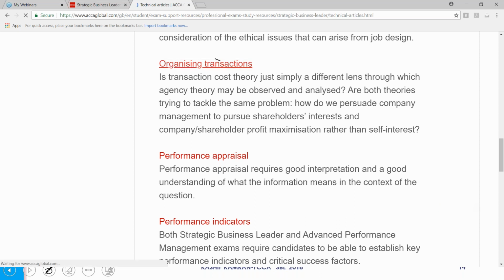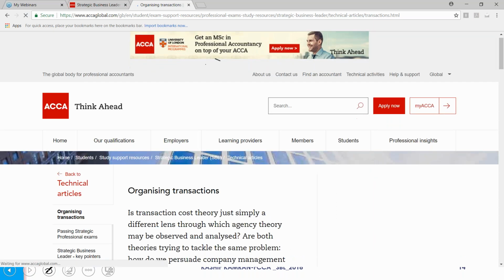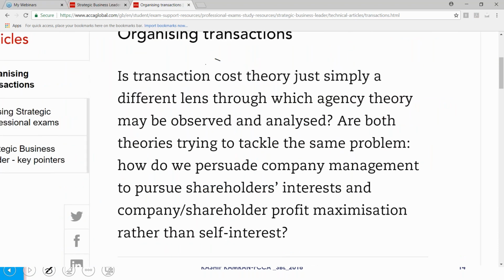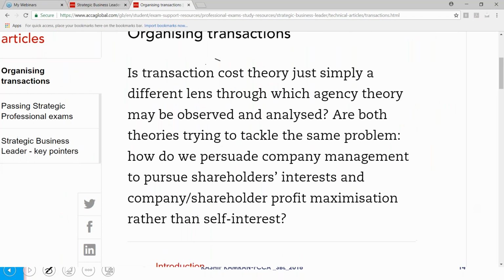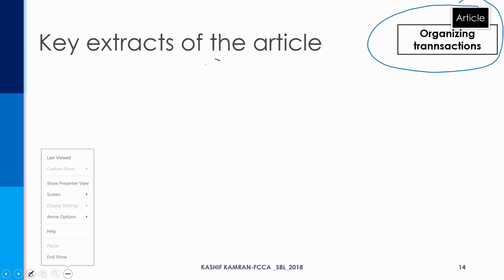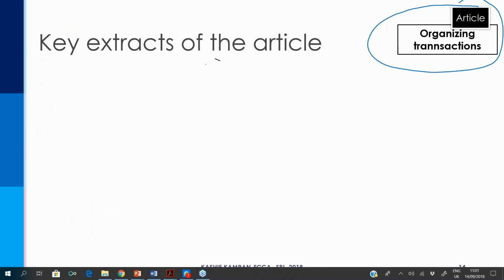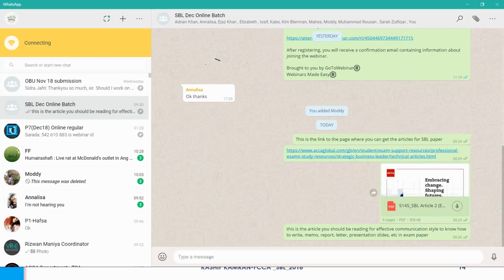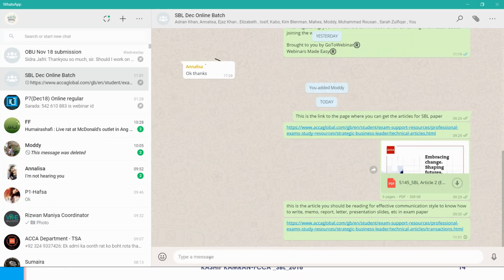Okay, a better thing I can do for you. Let's open this article, Organizing Transactions. Here it comes in front of the screen. You have to read this. I'm taking the link and directly putting it on your SBL group here.